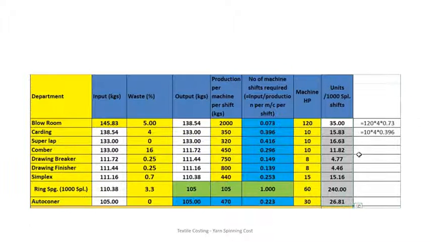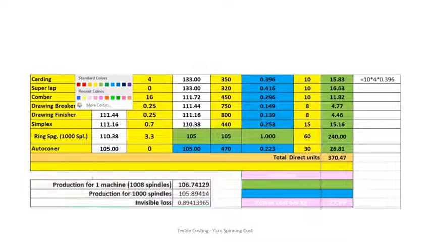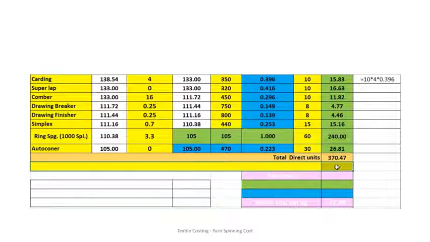So this is the total units per 1000 spindle shifts for 105 GPS. Okay, so summing all these values, we get the total direct units. So we already know the indirect units.